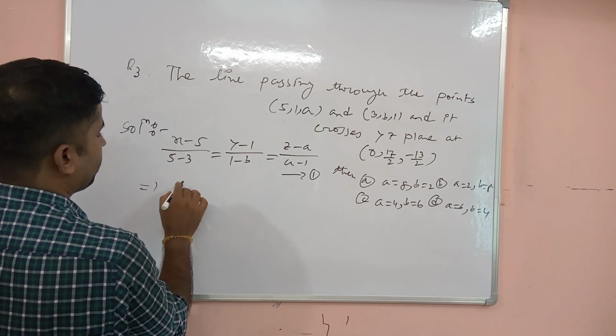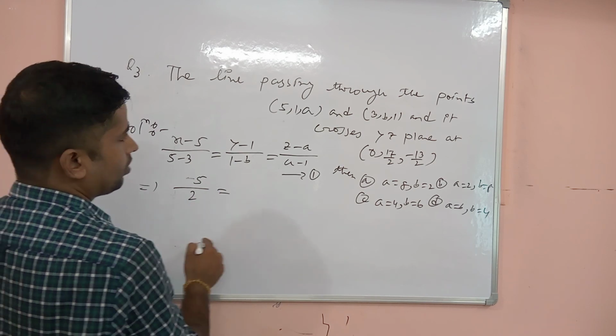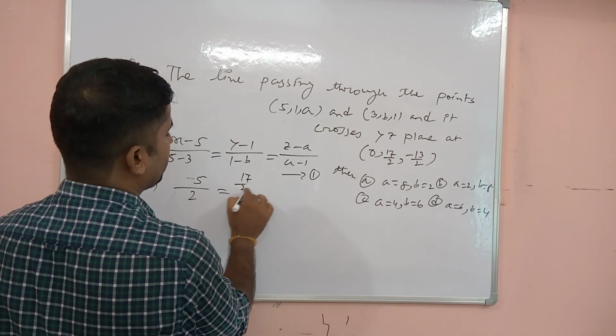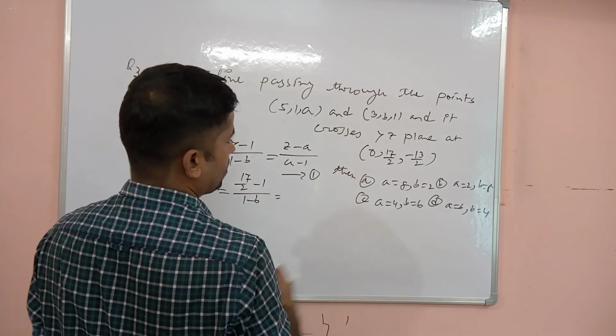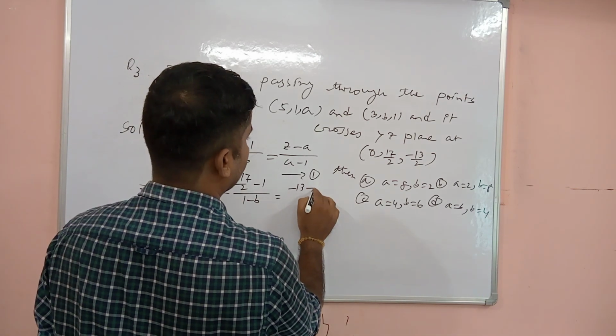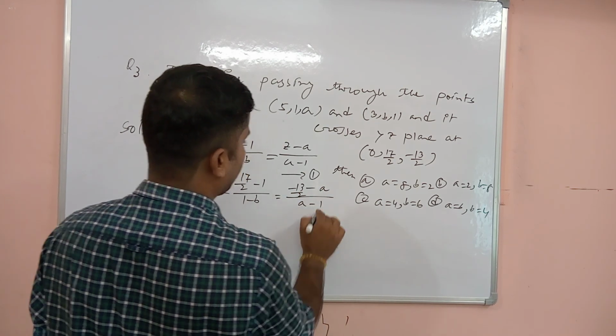So it is 0 minus 5, which is minus 5 by 2, equal to 17 by 2 minus 1 by 1 minus b, equal to minus 13 by 2 minus a by a minus 1.